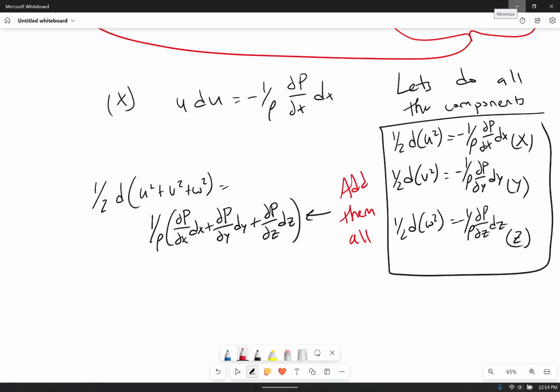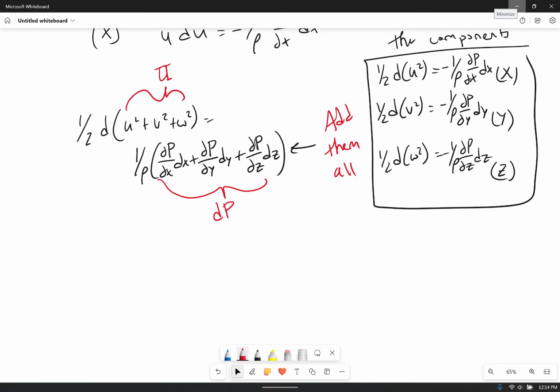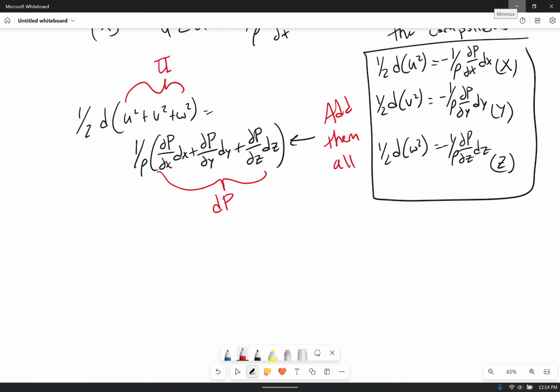Okay, and earlier we called this u, the whole velocity, this kind of uppercase U. And this right here we learned from physics is actually just equal to dp. So if I know that, this simplifies dramatically. And what do I get? Well, I get 1/2 d of my total velocity squared is equal to negative 1 over rho dp.